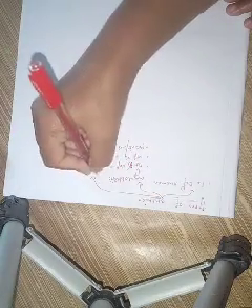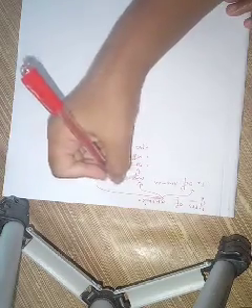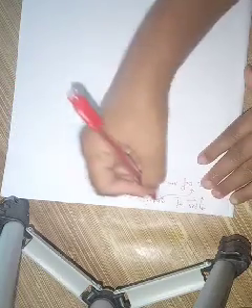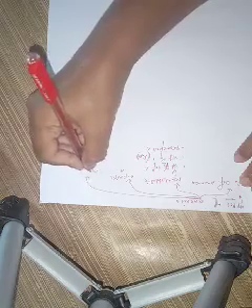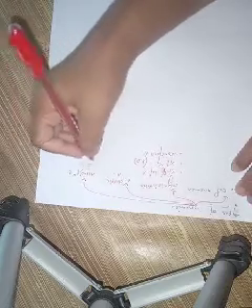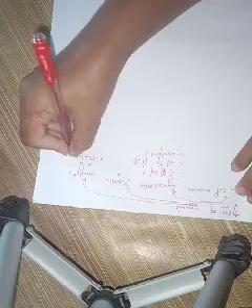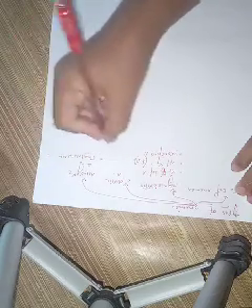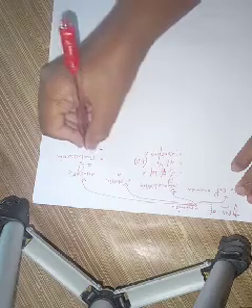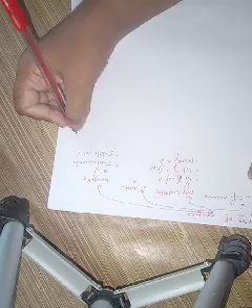Next, aplastic anemia. Next, hemolytic anemia. In hemolytic anemia, there is thalassemia, sickle cell anemia, and hereditary acquired anemia.